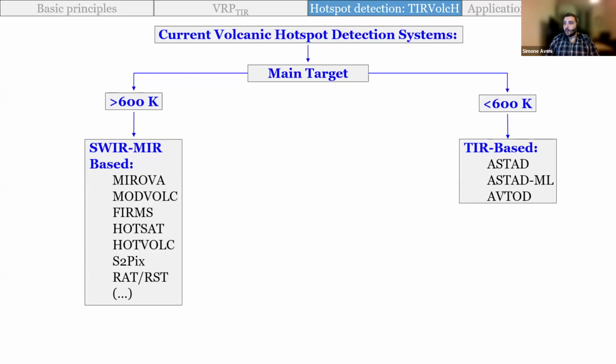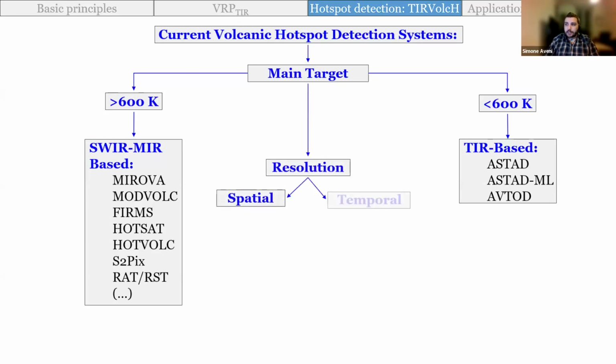So statistical approaches to discriminate what is anomalous and what is not are indeed very challenging. Well, no matter, we found some solutions, but what is important to say is that both algorithms, regardless of the targets they want to detect, are based on the trade-off between the spatial and the temporal resolution. So shortwave infrared and mid-infrared sensors usually provide data with high spatial resolution and low temporal resolution, such as the Sentinel and Landsat platforms, or the other way around: poor spatial resolution with a relatively high temporal resolution, such as MODIS and polar orbiting satellites.